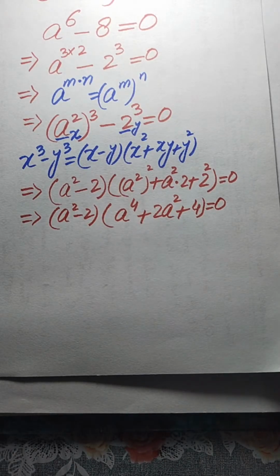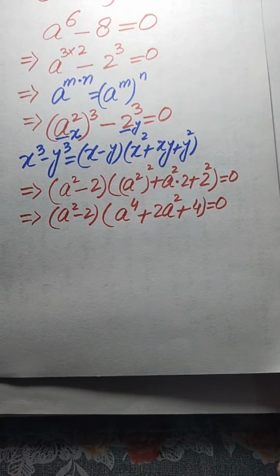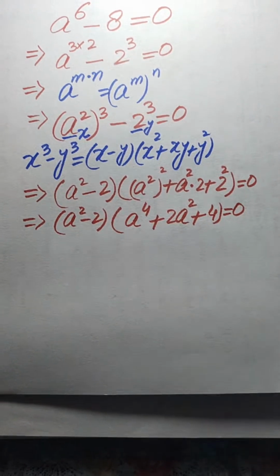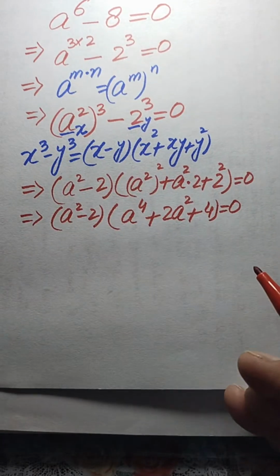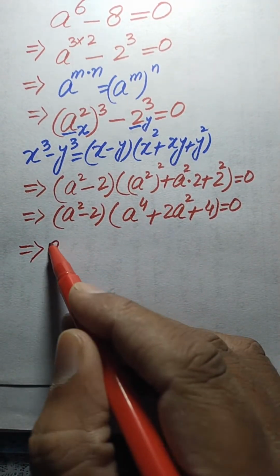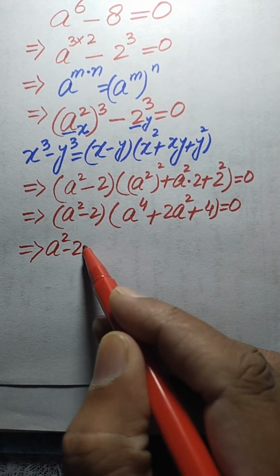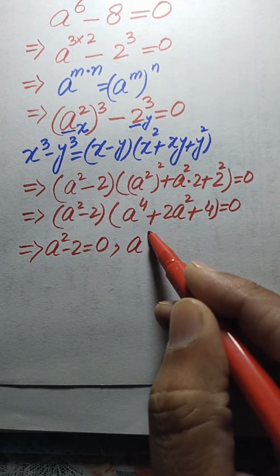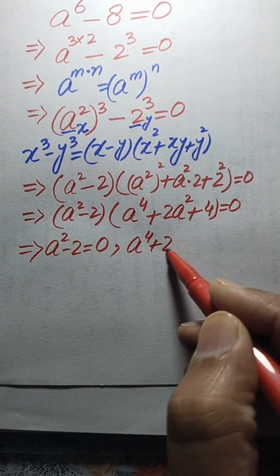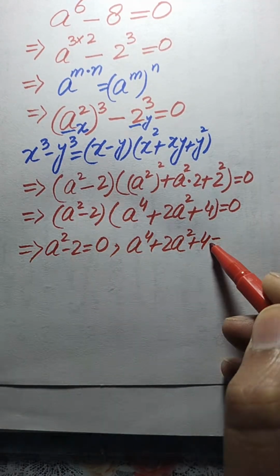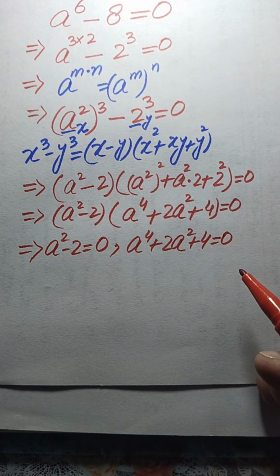In the next step, we divide this into two cases. Our first case is a square minus 2 is equal to 0, and the second case is a to the power of 4 plus 2 times a square plus 4 is equal to 0.